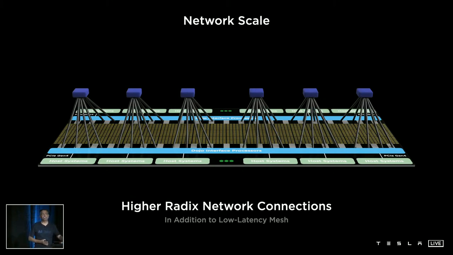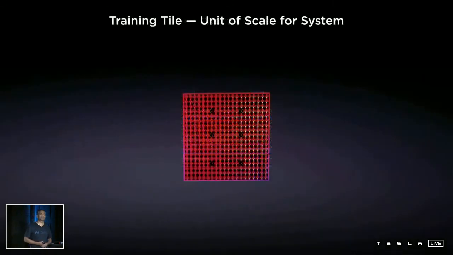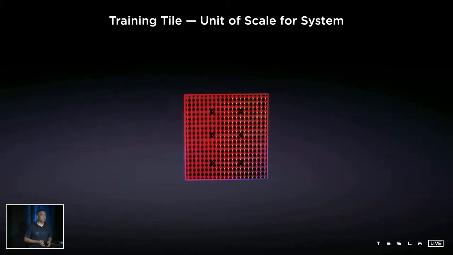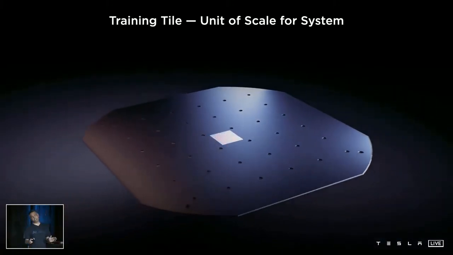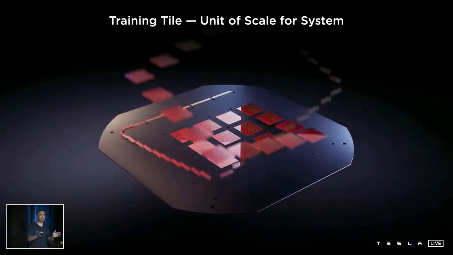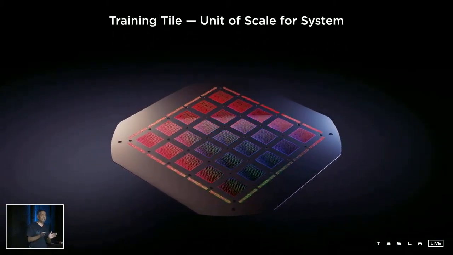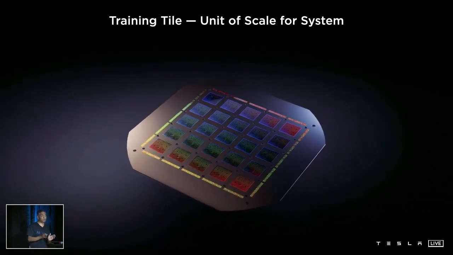In order to achieve this compute plane, we had to come up with a new way of integrating these chips together. And this is what we call a training tile. This is the unit of scale for our system. This is a groundbreaking integration of 25 known good D1 dies onto a fan-out wafer process, tightly integrated such that it preserves the bandwidth between them.